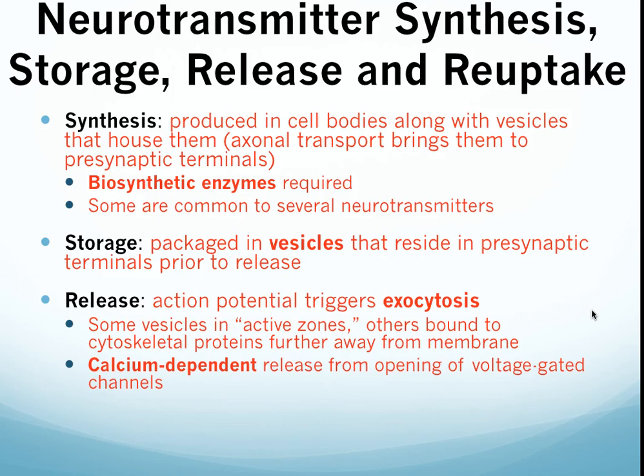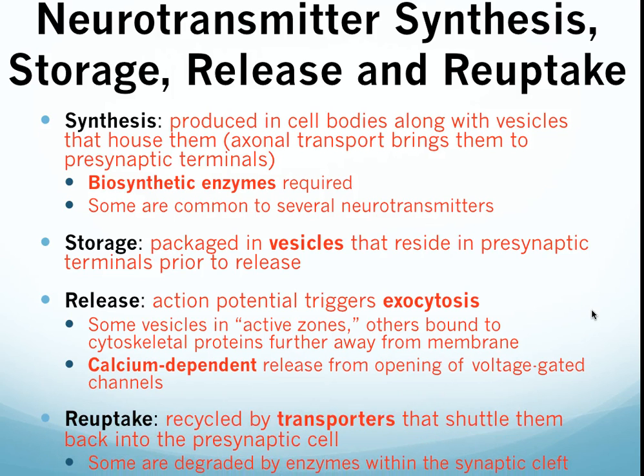After an action potential happens, these vesicles are either present in what they call active zones, which are very close to the presynaptic membrane of the terminal, very close to where they have to go to get out, or they're actually shuttled to the membrane for those vesicles that are a little bit further away. And this is a calcium-dependent process, all right? Calcium dependent. So the release of neurotransmitters through exocytosis is highly dependent on calcium influx.